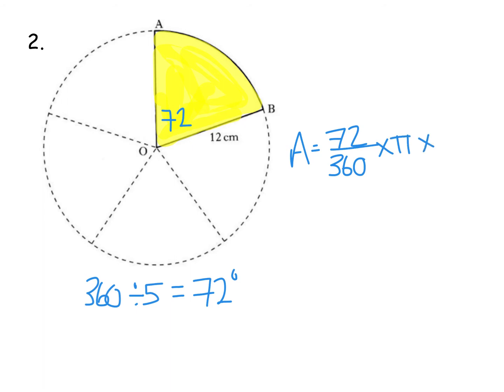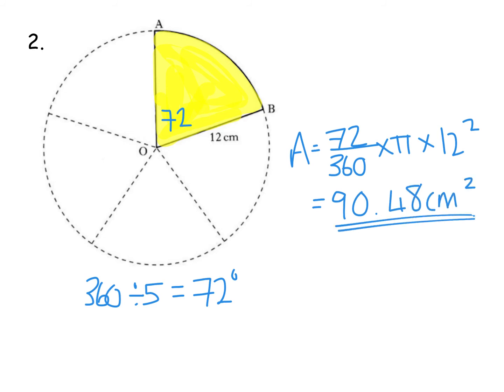Now my radius there is 12, times 12 squared. And if you type that in, you will get an answer of 90.477, so 90.48 centimetres squared. And that's it, we've found that little yellow sector.